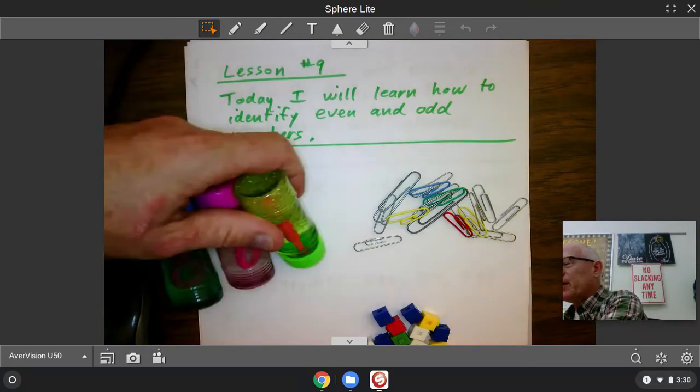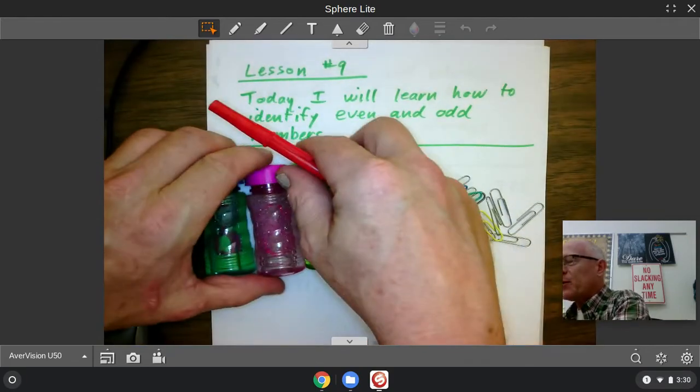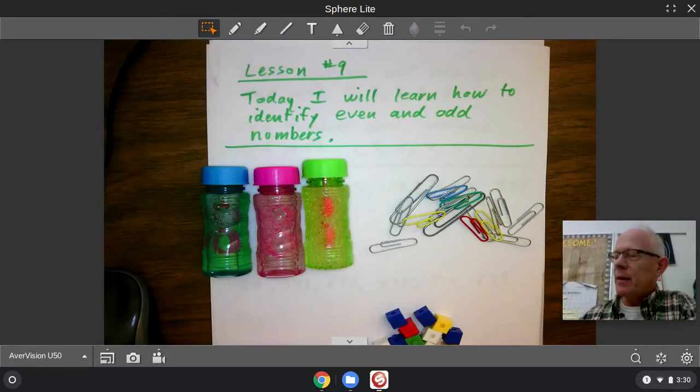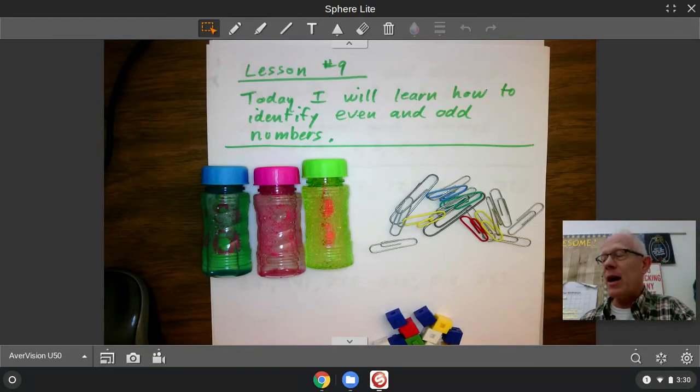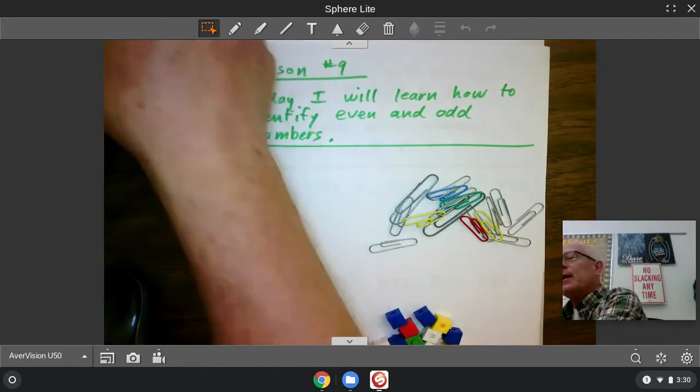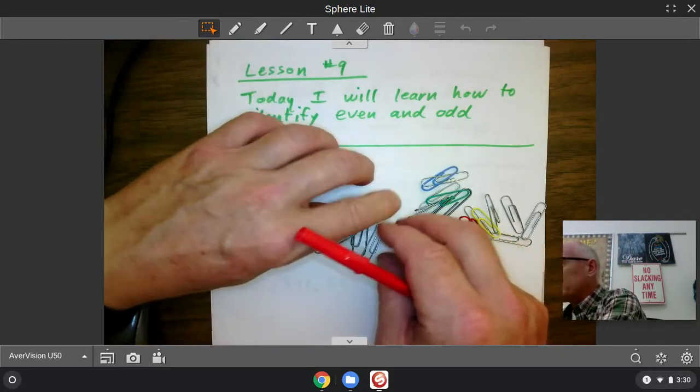Let me come over here. Here I have 3 bottles of blowing liquid, so you could blow bubbles with these. 1, 2, 3. Is that odd or even? Well, they're odd. Now I've got some paper clips here. Let's count them.